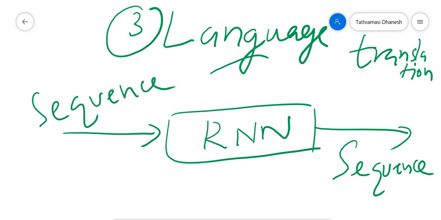In all these cases, we are converting one type of variable into another type of variable. That's what you need to understand. In all these cases, we are processing sequences of data, which means we use historical information.